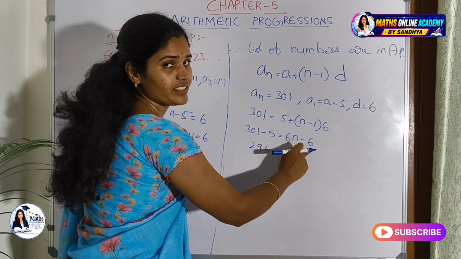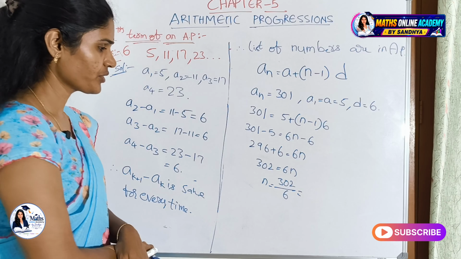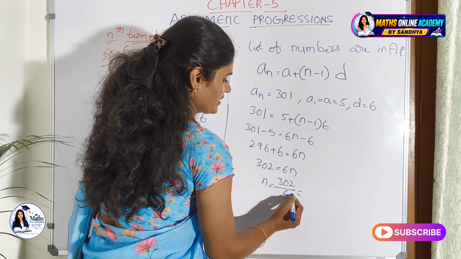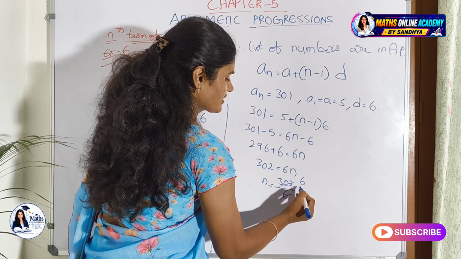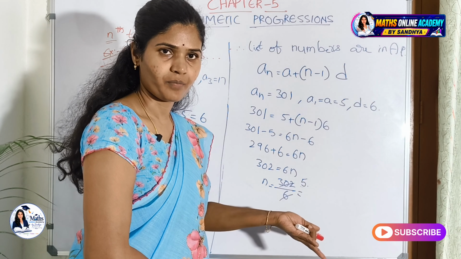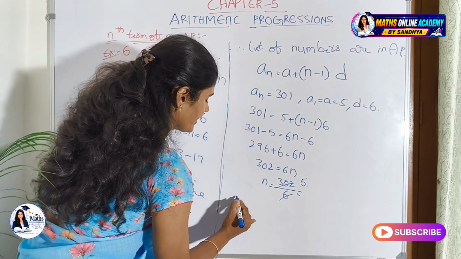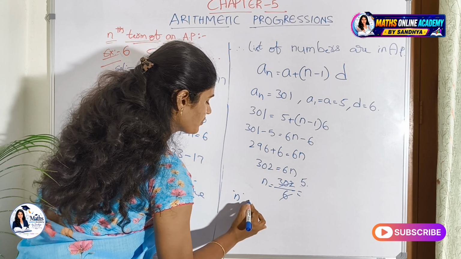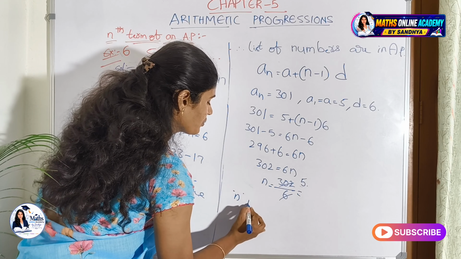302 by 6. And 302 by 6, if you cancel, what do you get? 6 fives are 30 and the remaining is 2. So you get this in decimal form. But n can only be a positive integer.